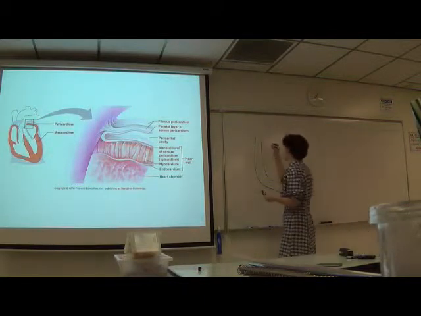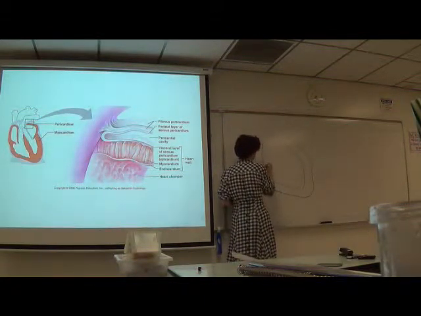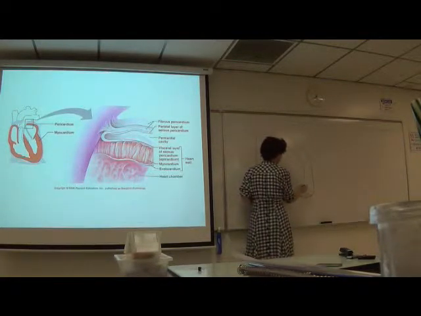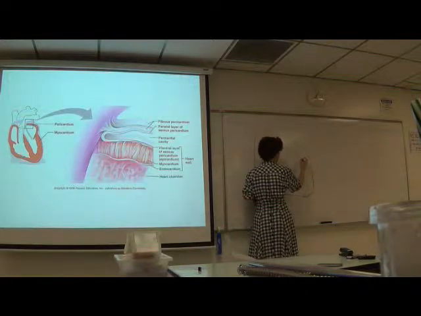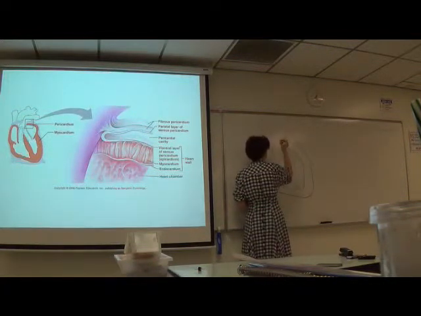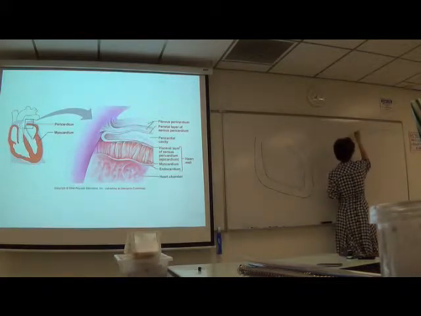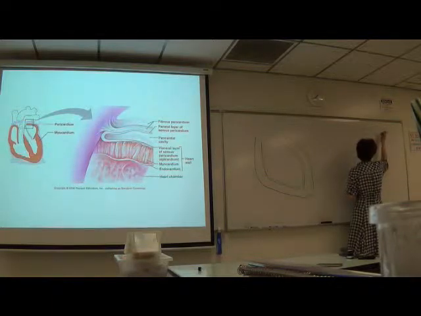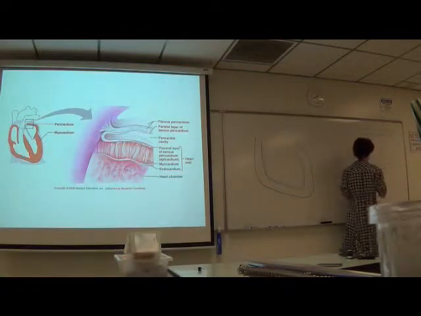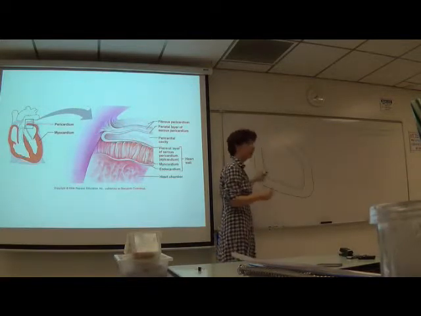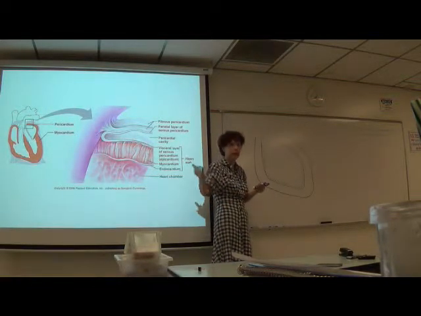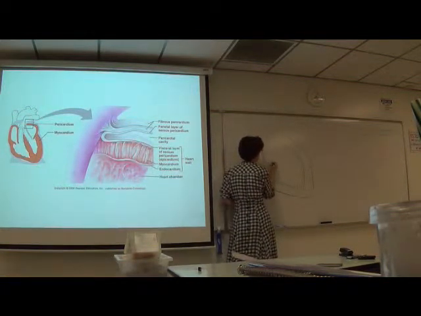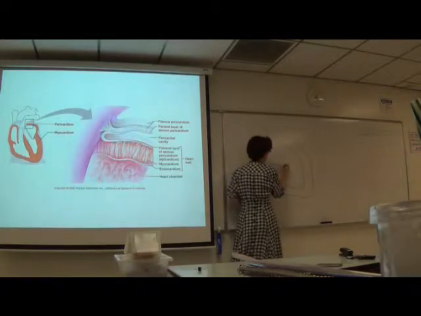Loose irregular. Now this is thick enough that there will also be some dense irregular. And so this inner layer, which is continuous with the lining of our blood vessels, is identified as endocardium.